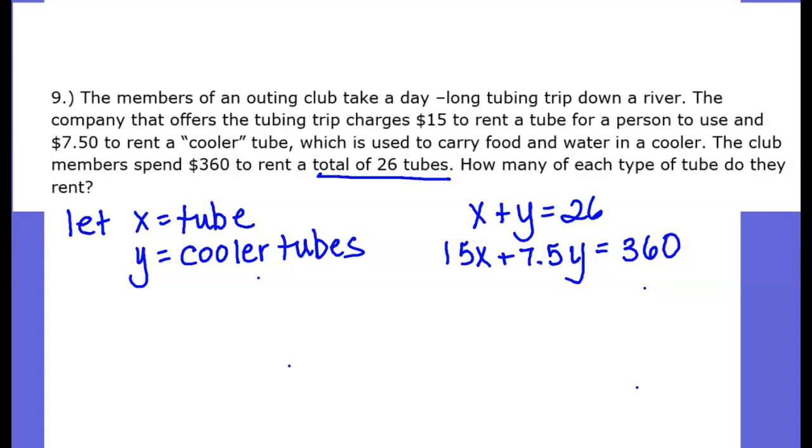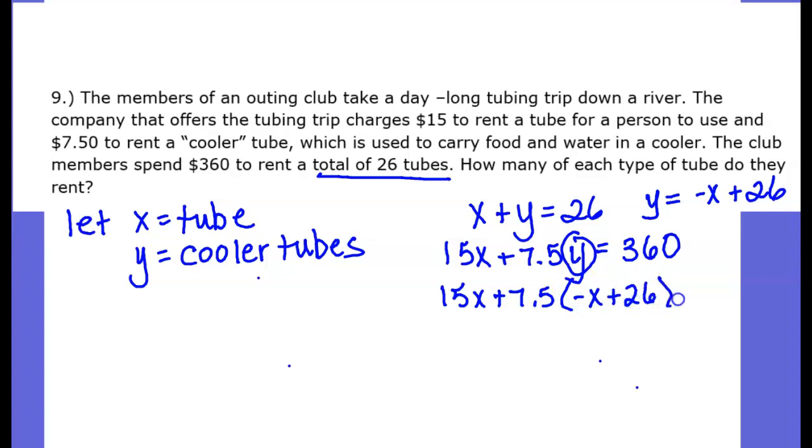We identify the variable that has a coefficient of 1. In this case, I'll solve for y. Because I solved for y, I'm going to plug it in right there. So this is going to be 15x plus 7.5 times negative x plus 26 is going to be equal to 360.